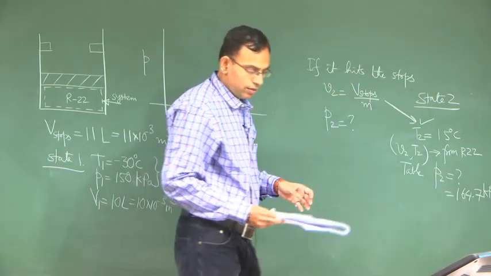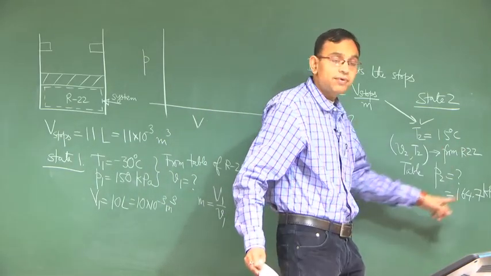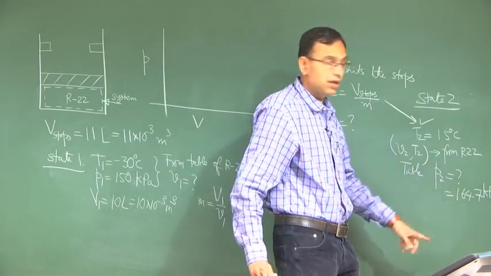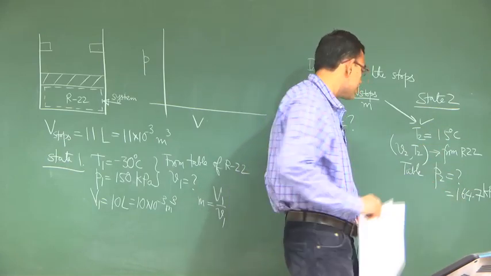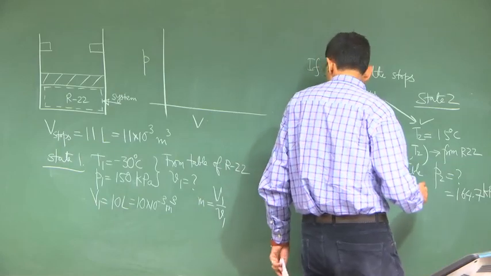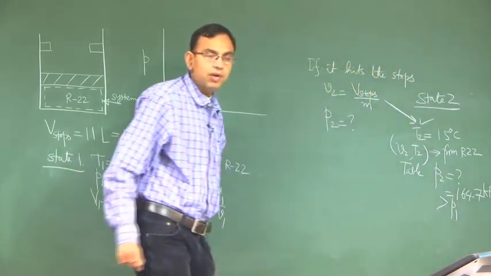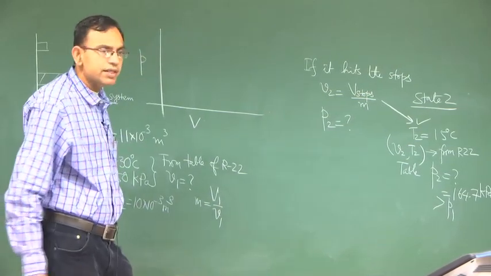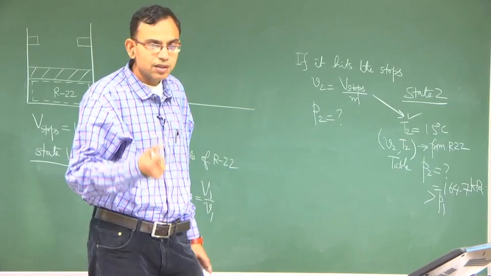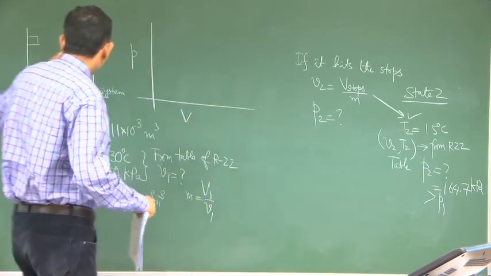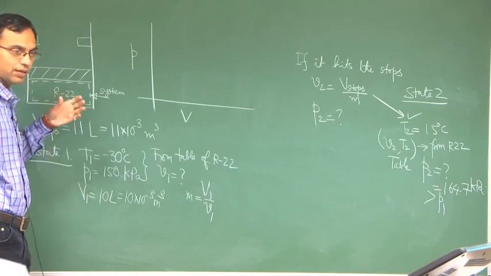I have jotted down this data because the problem solving further depends on it. How does it depend on this data? This is greater than P1, right. Had this been less than P1, that is not expected, because heat is transferred to it and it is moving, so how can its pressure fall below P1?